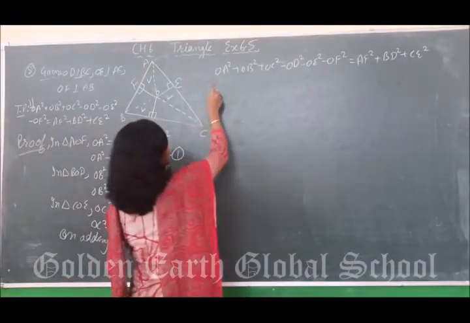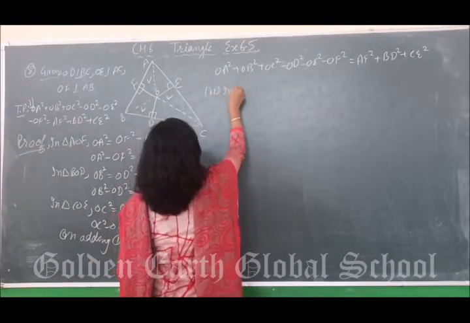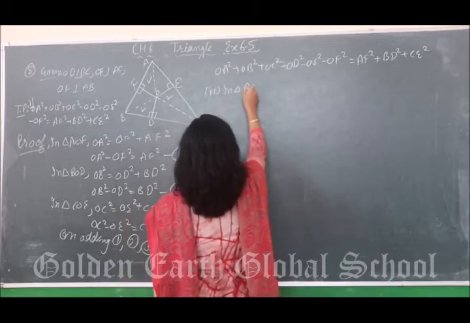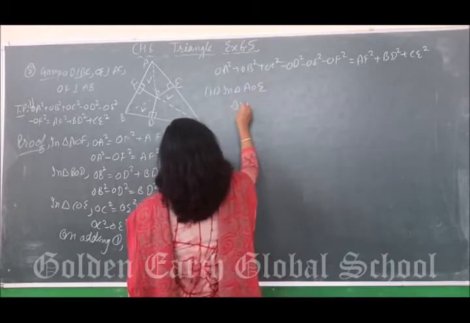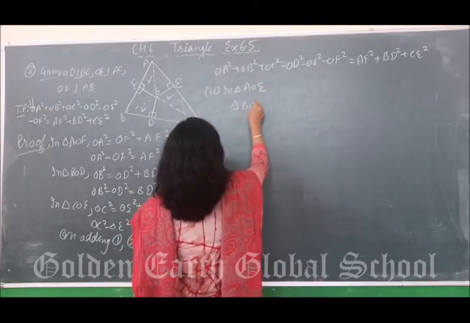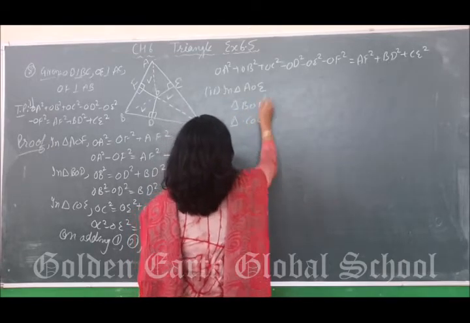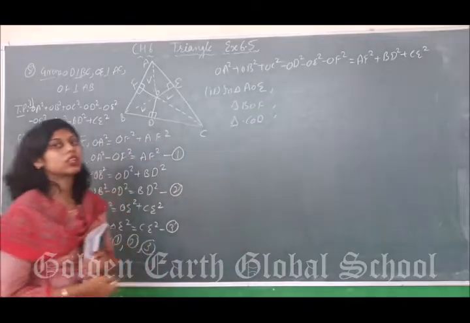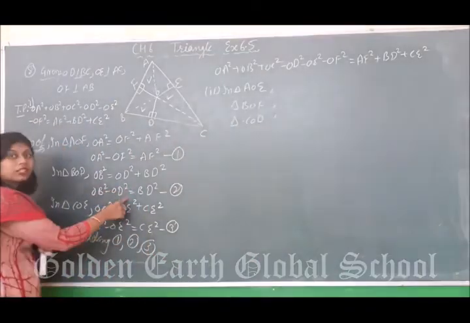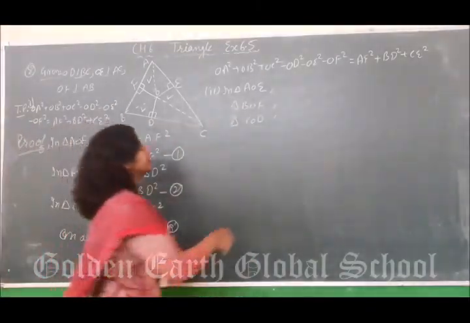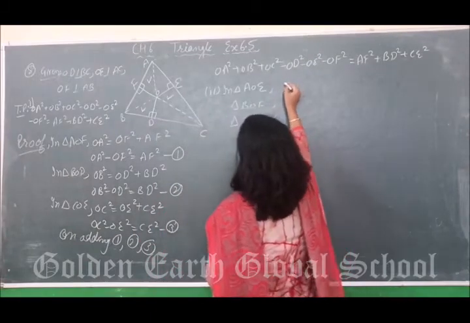Similarly, we will apply Pythagoras theorem in triangle AOE, triangle BOF, triangle COD. Apply Pythagoras theorem and then shift the one side to the left hand side. So I will write down directly.